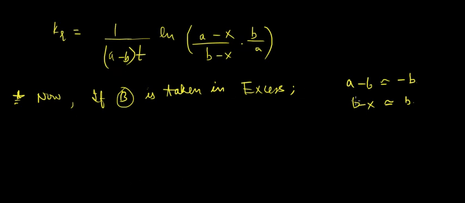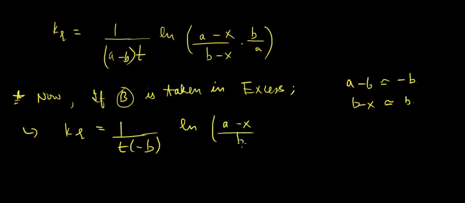Okay, so substituting these values in the above equation, we can write Kr would be equals to 1 upon t, minus b and ln (a minus x) divided by b upon a. So b and b get cancelled out.